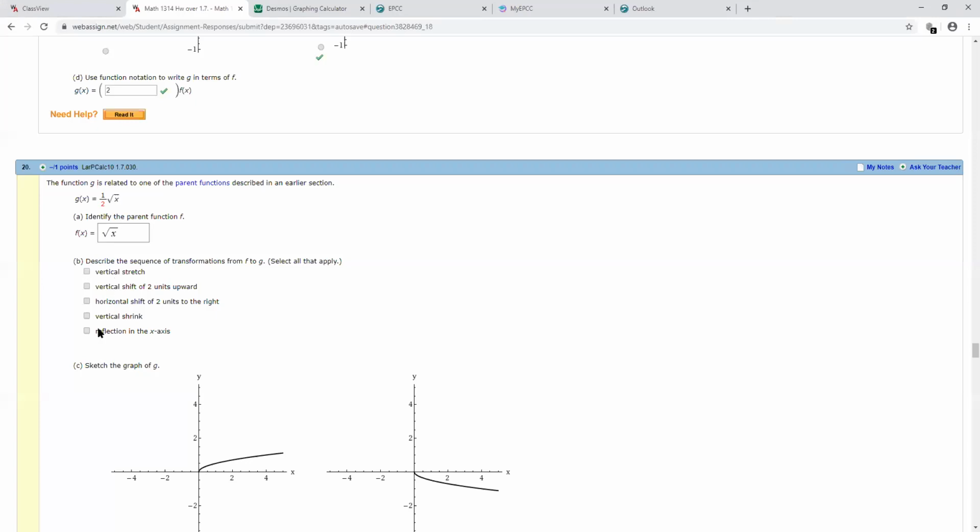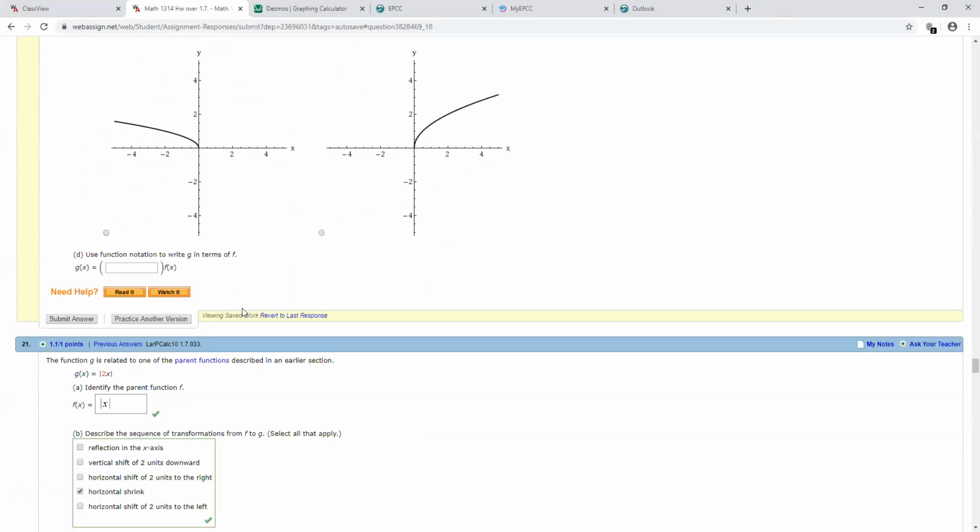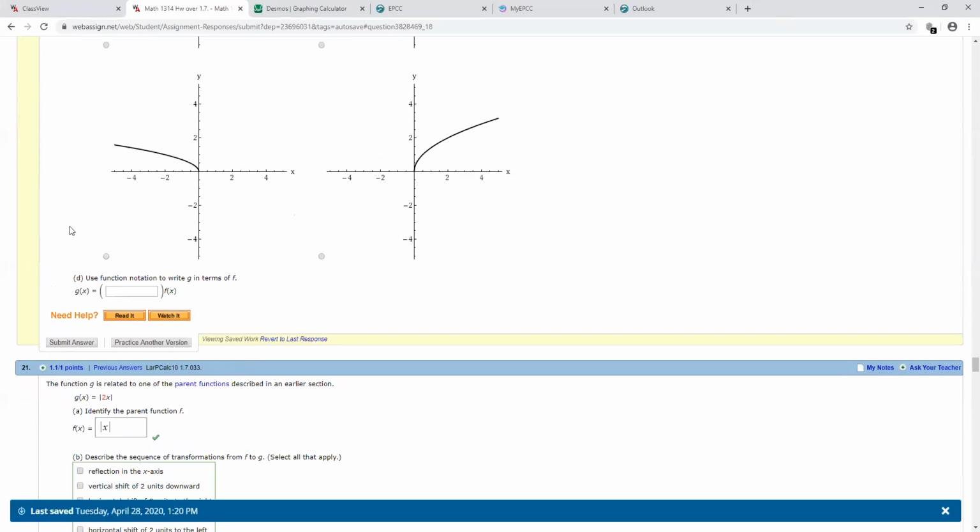So which one of these is the correct one then, Megan? Vertical shrink. Mm-hmm. And what about down here?